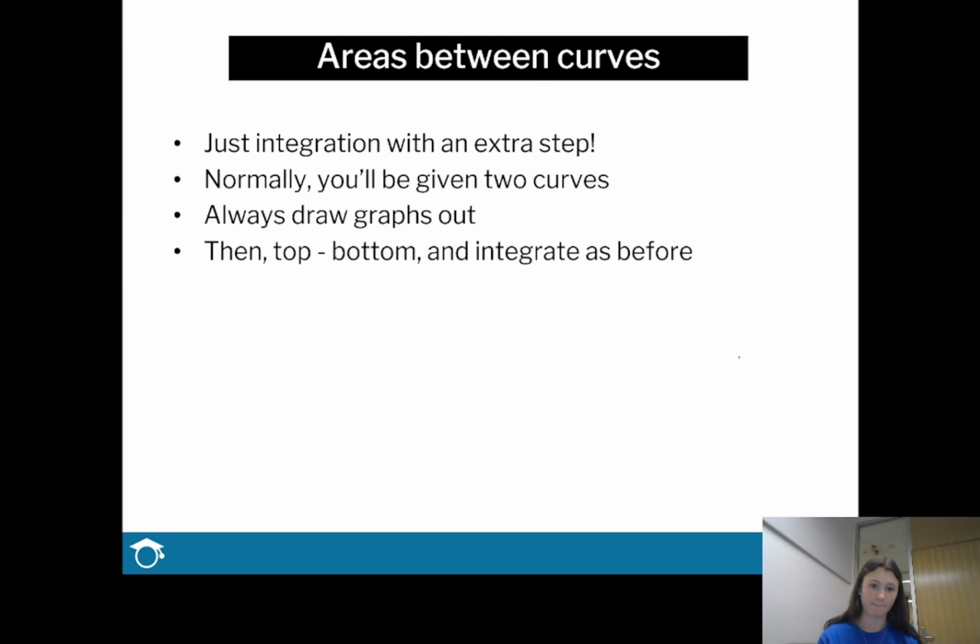So make sure you draw your graph out, make sure you find your intercepts, and check whether those intercepts are within the domain that you've been asked to find the area of. And then, take the top function, which is the function furthest away from the x-axis, take the bottom function, which is the function closest to the x-axis, and then integrate that as before.